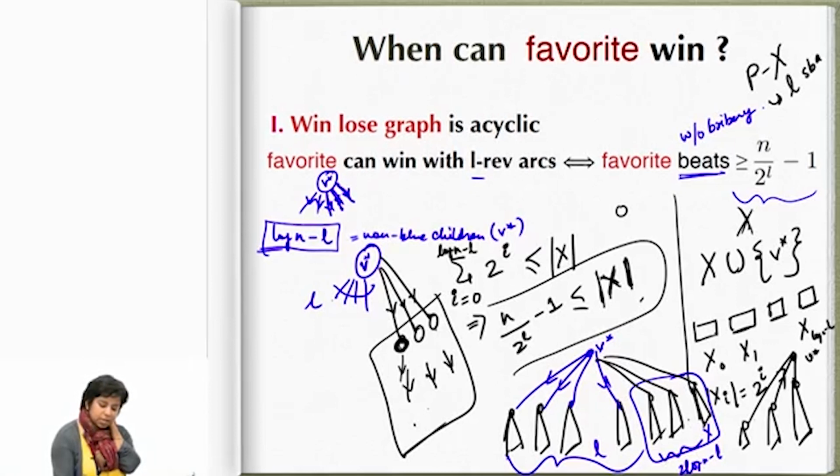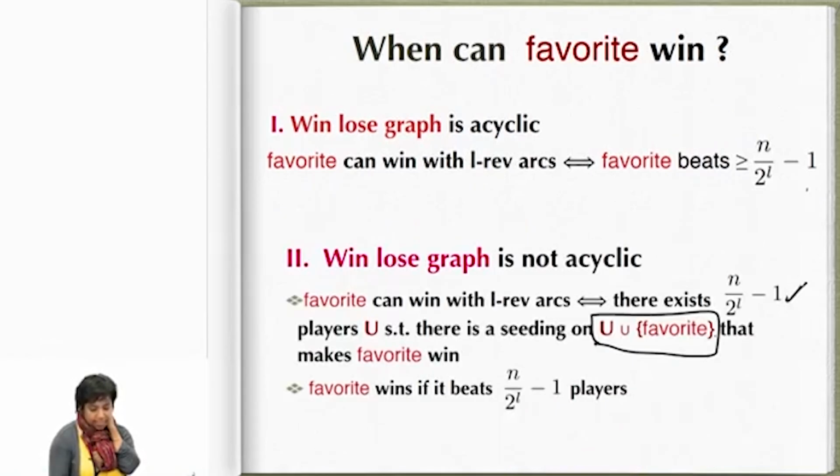Instead of telling you precisely how I am doing this partitioning, if I only had the guarantee that these vertices X union V star have a subseeding among themselves which ensures that V star wins, then this whole thing goes through, right? So having this property is enough for this one direction.